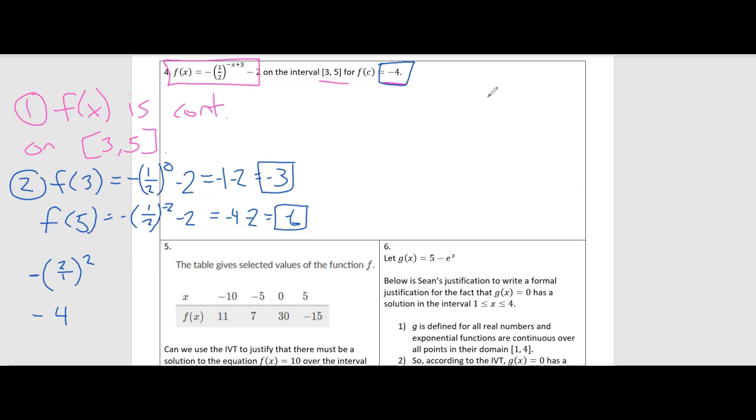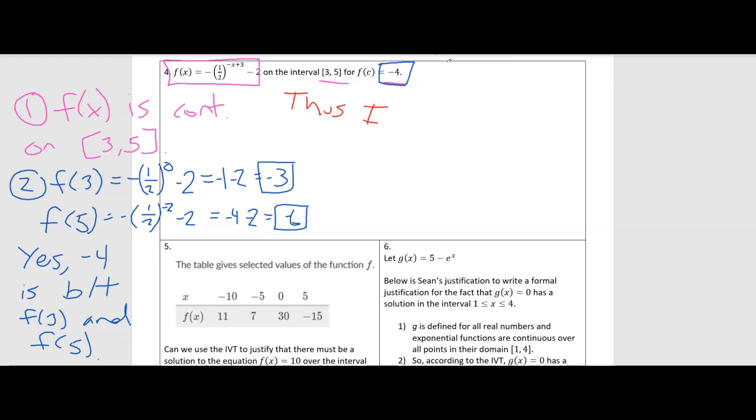So we can say, yes, -4 is between f of 3 and f of 5. And thus, IVT is applicable, right? But you have to show that the two initial conditions are met before you say that.